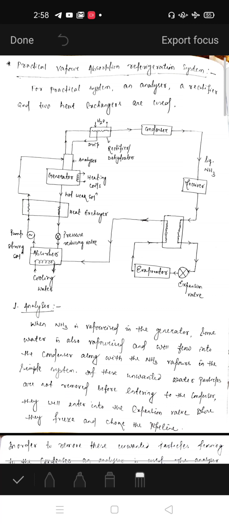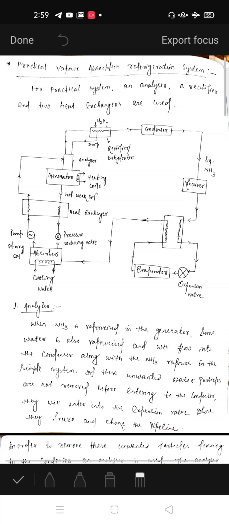You have to remember, the boiling point of ammonia is lower than the boiling point of water, meaning ammonia will boil first, then the water. So first ammonia will go, then simultaneously water will go with the ammonia to the condenser in the simple system.